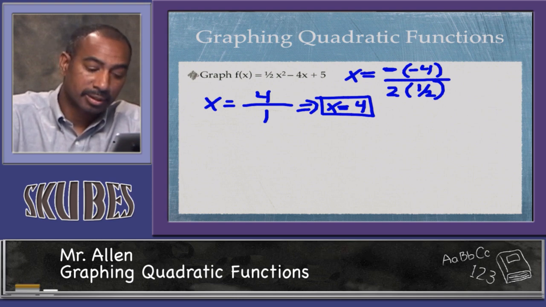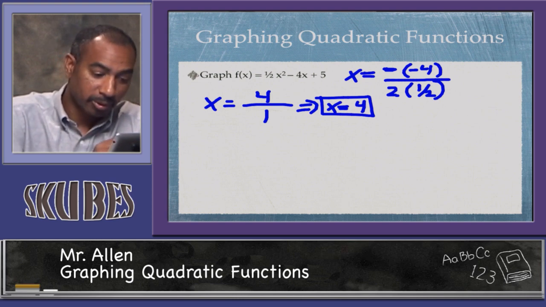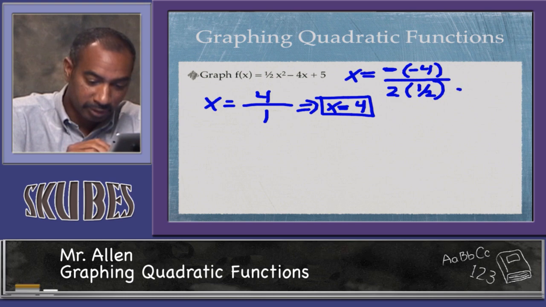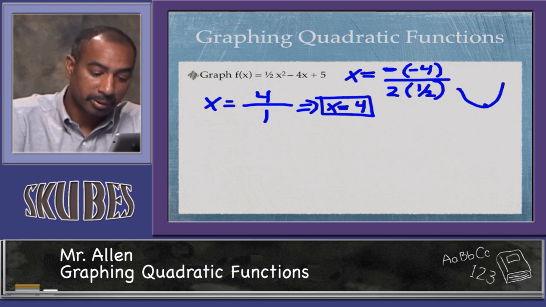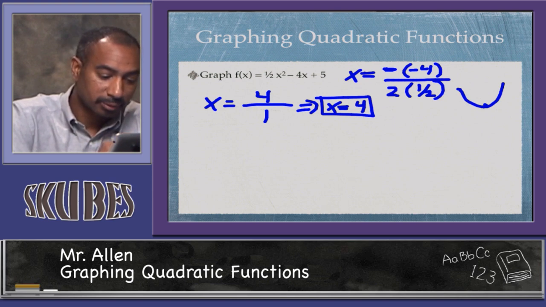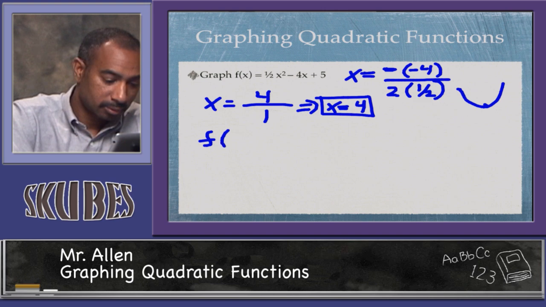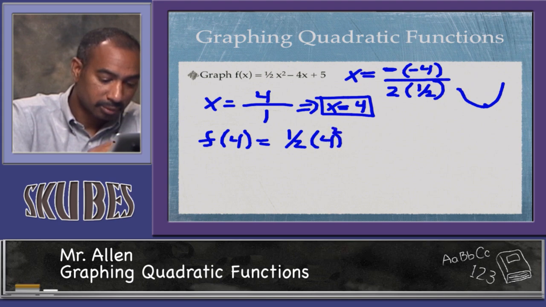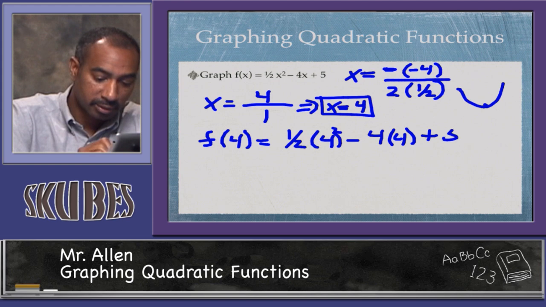If I want to find that vertex point, and by the way, since this is positive, we know the graph's going to go like this. So you want to find that bottom point. What we're going to do is evaluate x equals 4. So I get 1/2, 4 squared, minus 4 times 4, plus 5. 4 squared is 16.